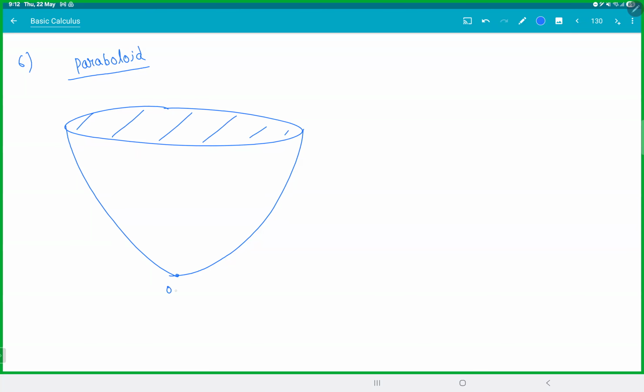So let's say the bottom point is the origin. It's a solid paraboloid, not just the surface. And let's say this equation is y is equal to ax square. I can get the limits also. Wait, I'll show you. The upper part's radius is r. This height is h.